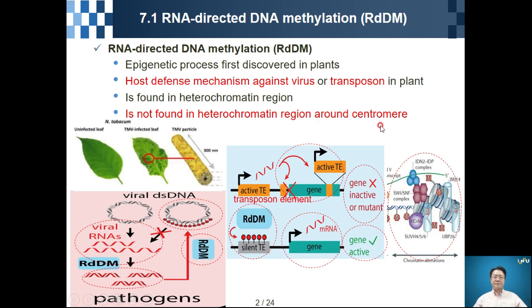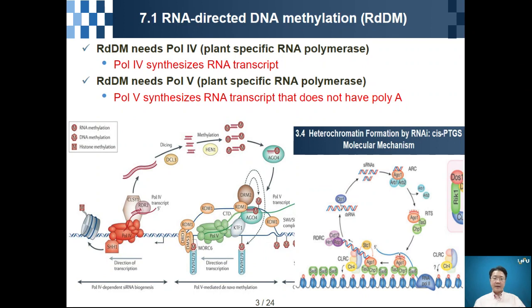In this slide, I will explain the special characteristics of RdDM. RdDM needs a plant-specific RNA polymerase to synthesize the RNA transcript. In our previous slide, we learned about heterochromatin formation by RNAi.